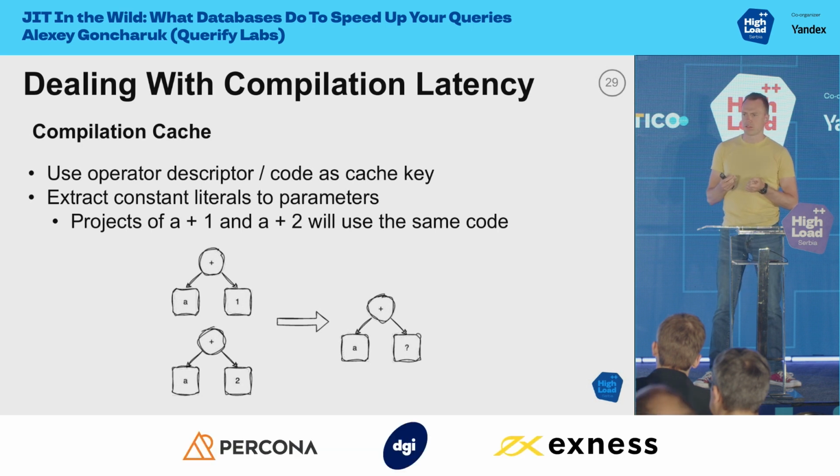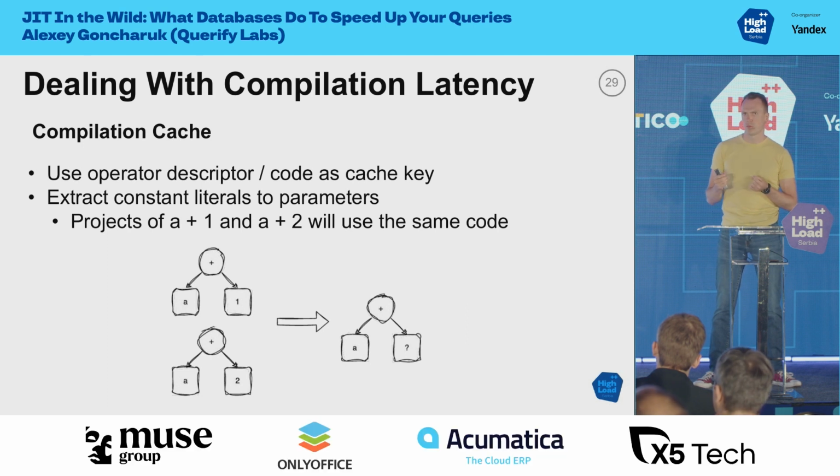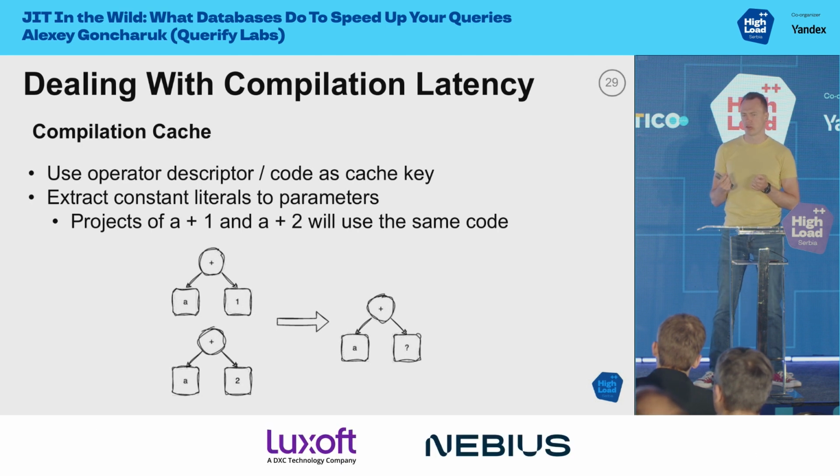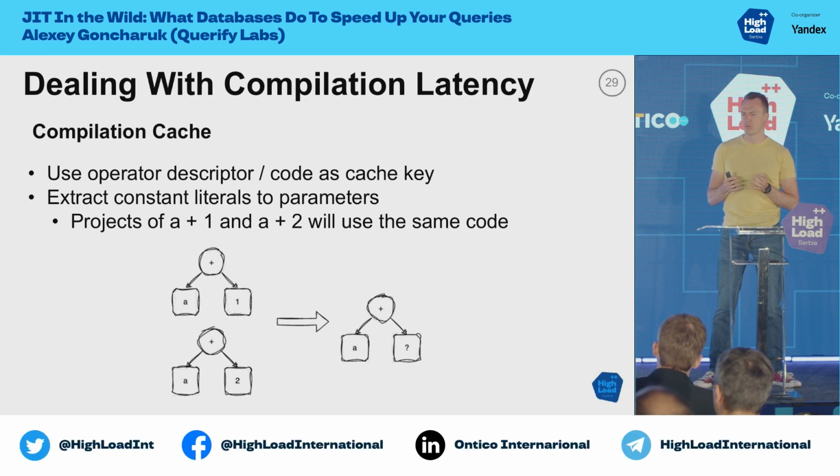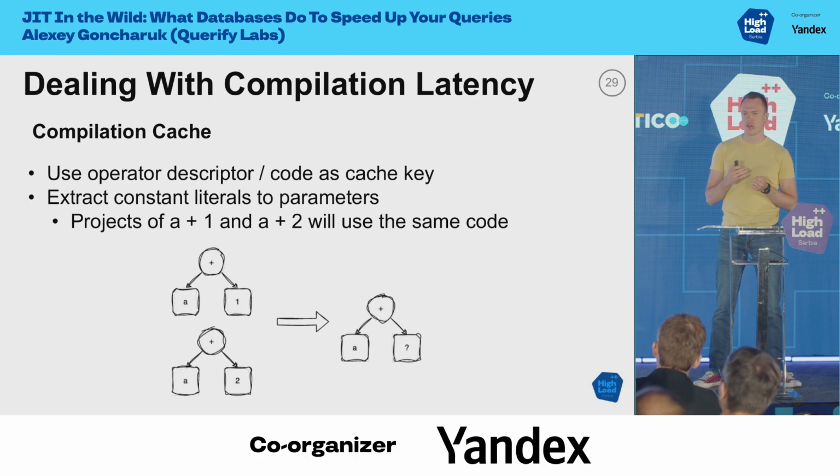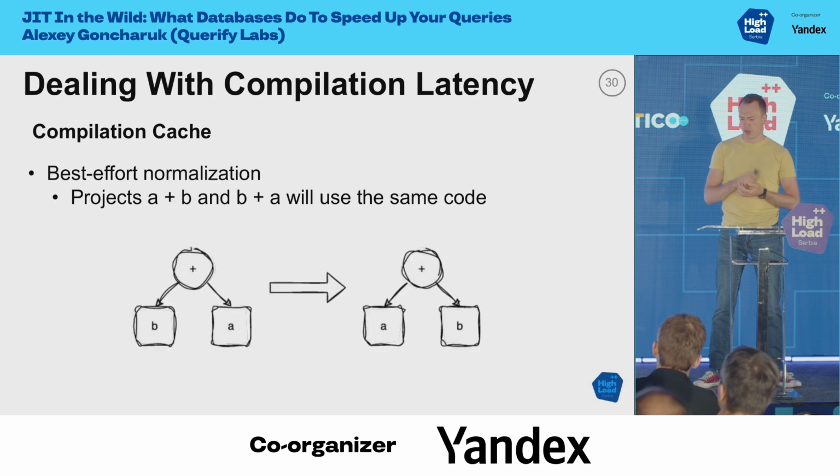However, in practice, just substituting this constant with a value that is read from memory does not change performance much, but it gives you essentially a cache hit for every parameter value.